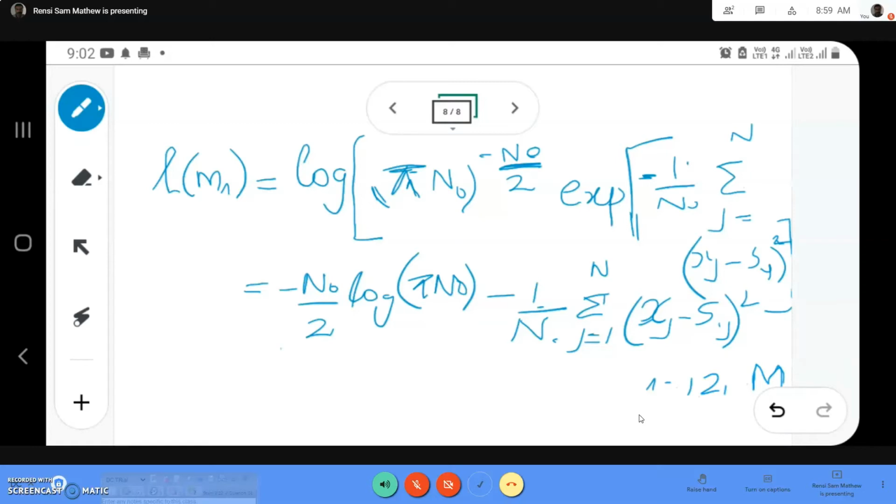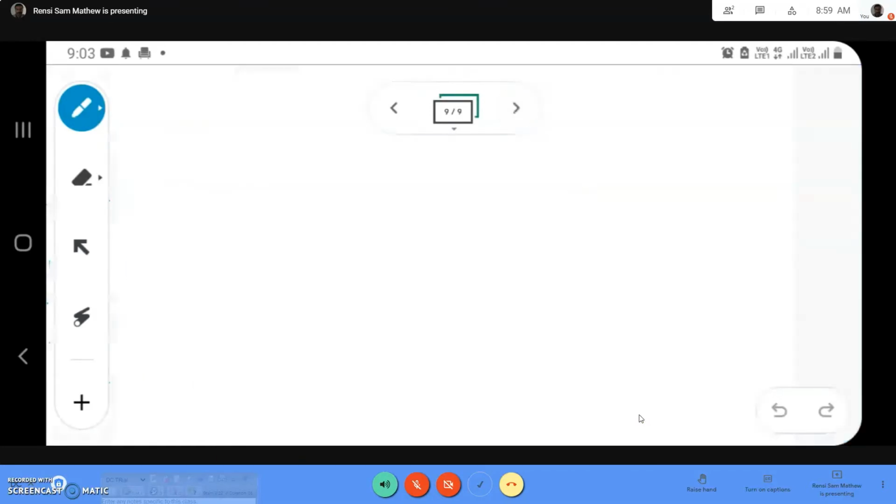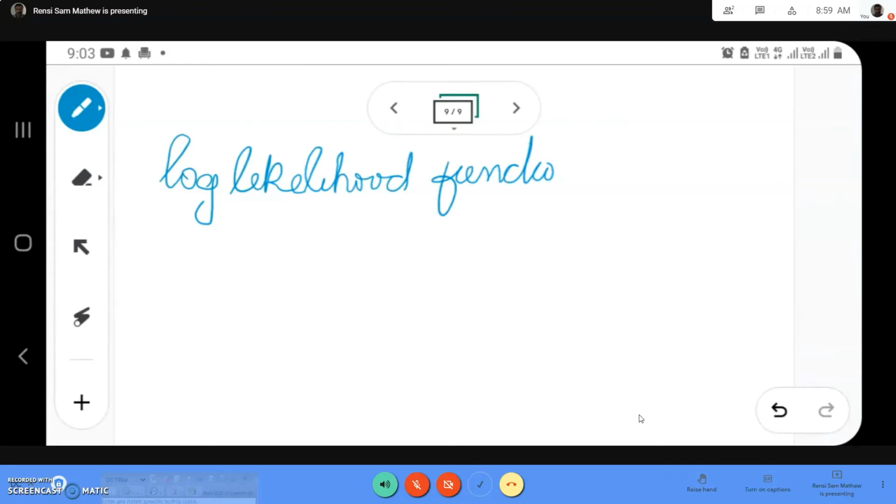If you see the first term, it is actually a constant. So we will ignore this term because it doesn't have any relation to the message mi. We are neglecting it and taking only the second part. So the actual log likelihood function is our second part, l of mi.